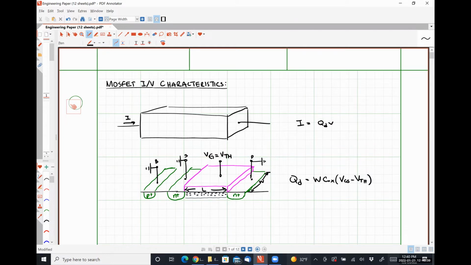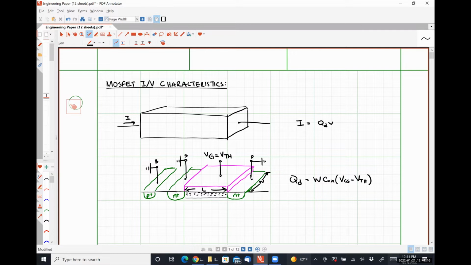W is the width of the channel, and it has some particular thickness whose value actually isn't particularly important, so that we're just representing a rectangular chunk of semiconductor that has a lot of electrons, which could be asked to do something if we needed it to, right? So we have an evenly distributed charge density in this area given by W Cox (VGS minus VTH).